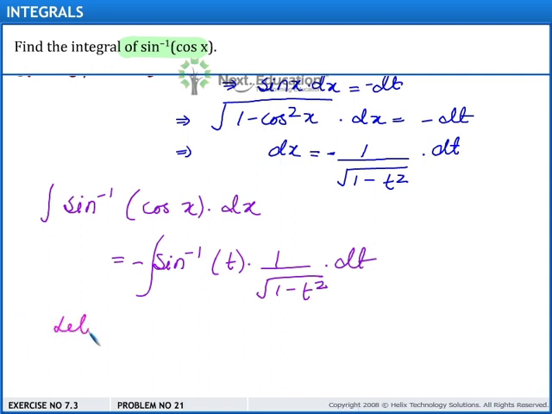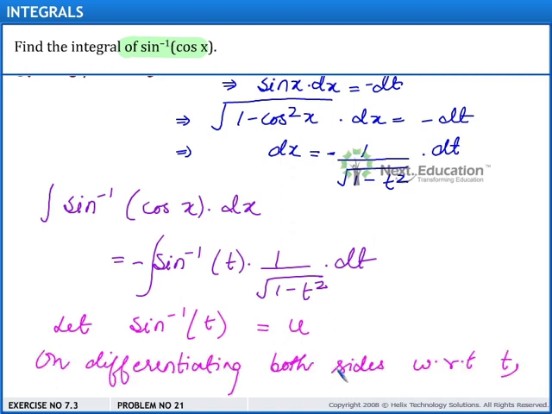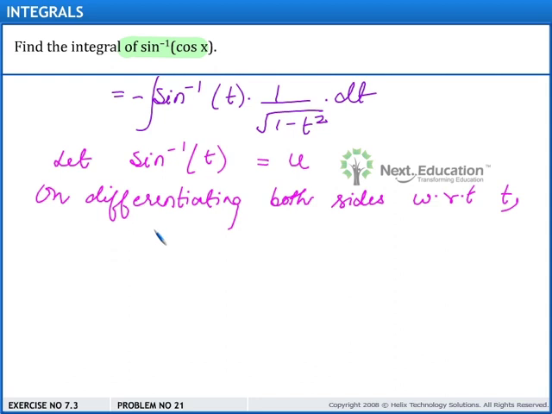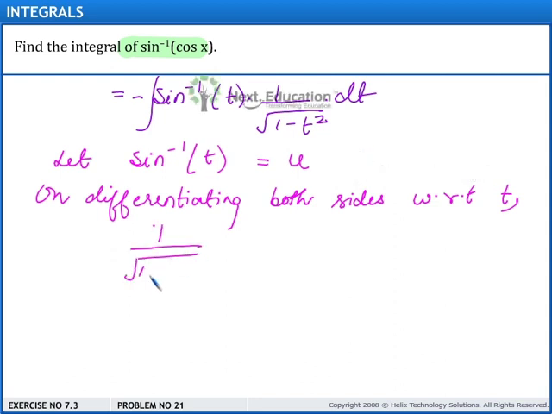Now again let us assume that sine inverse of t is equal to u, and on differentiating both sides with respect to t, we have 1 divided by square root of 1 minus t square into dt is equal to du.